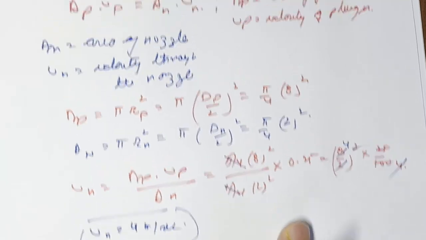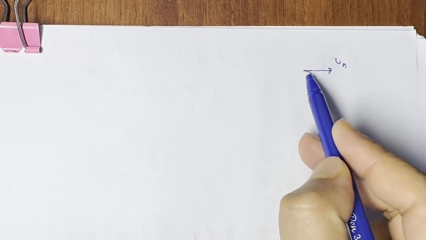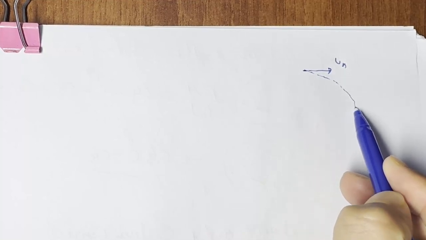Now we are going to use the kinematics equations and find the range. The water coming from the nozzle will have a horizontal velocity given as VN, and the water will travel something like this.